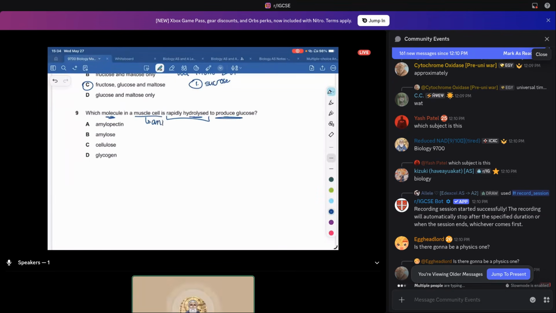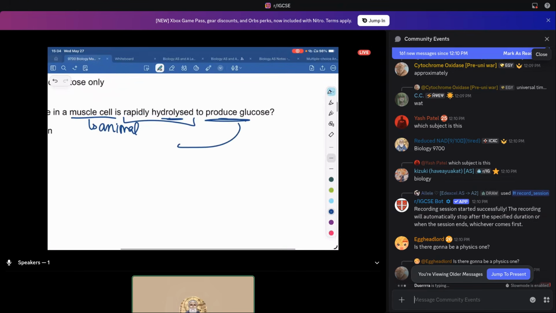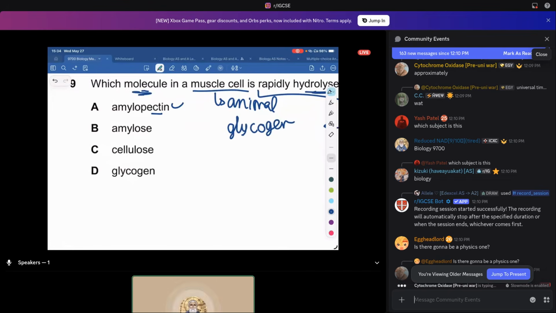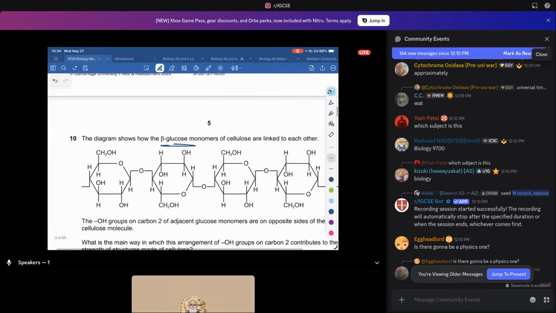Muscle cell, meaning it's an animal, not a plant. And the store of glucose in an animal is glycogen. We have our answer. Amylopectin? No, that's in plants. These two are starch. Cellulose, that's cell walls, also in plants. The answer is D, glycogen.